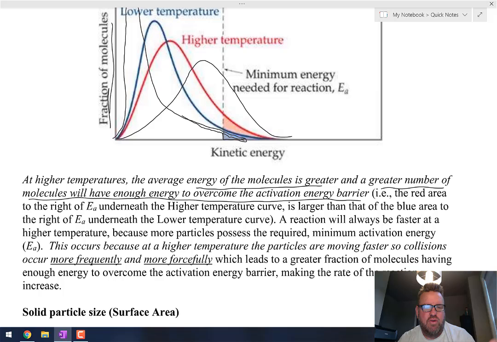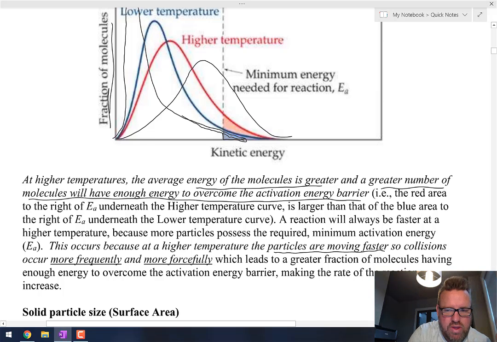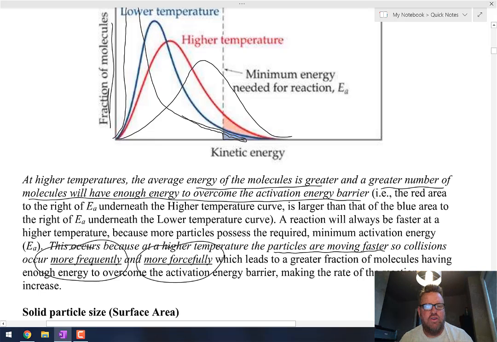Well, if they have a greater kinetic energy, the particles are moving faster. And here are the two important ones. The collisions occur more frequently, so they're hitting each other more often. And when they do hit each other, because they have more energy, they're hitting each other with more force. That's two things you need to know there.